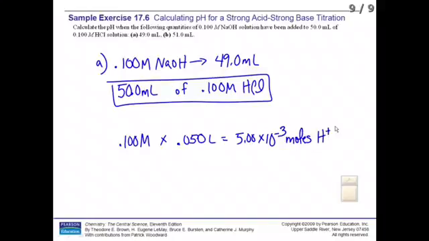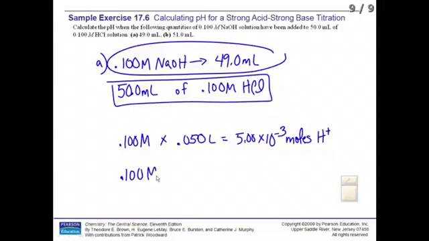It's a strong acid, so we know that we can put H+ on that one. Alright, so we need to do the same thing with this quantity now. So we're going to take the 0.100 molar and multiply it by 0.049 liters. And you should get 4.9 times 10 to the negative 3 moles of OH-.